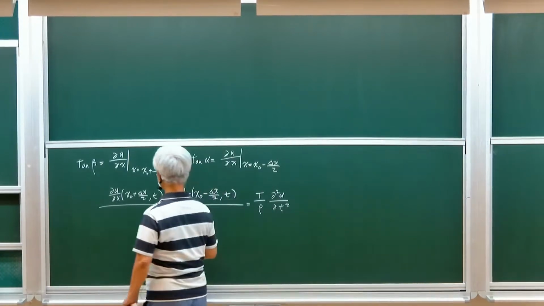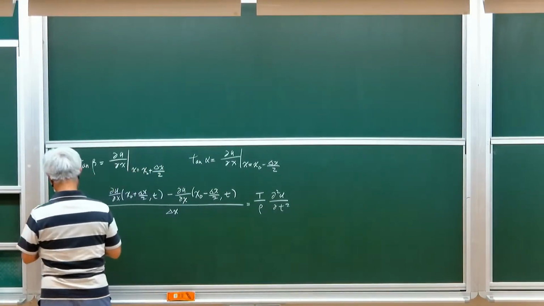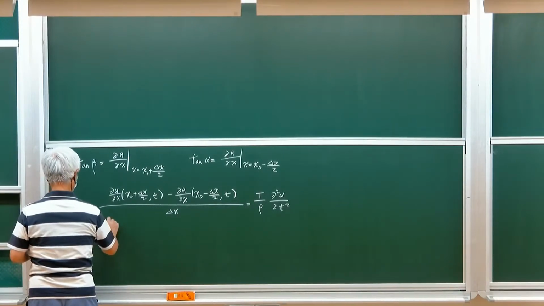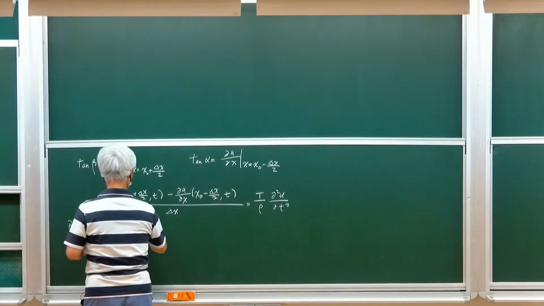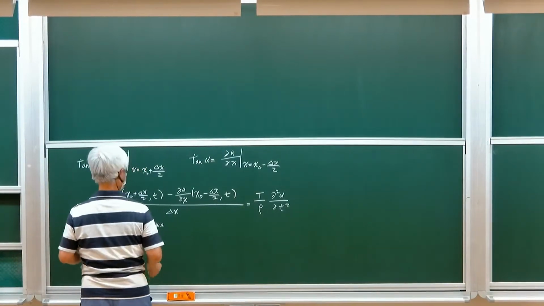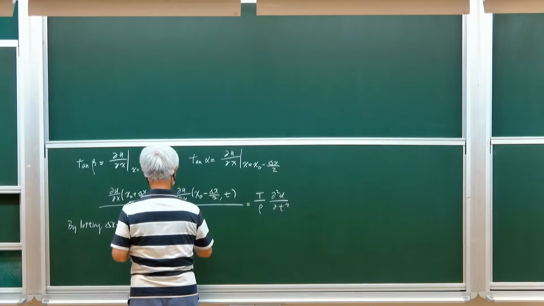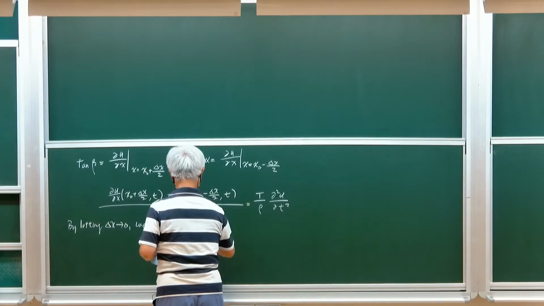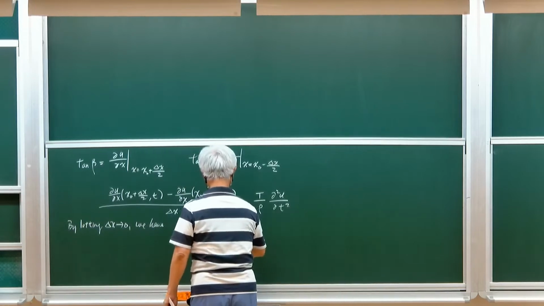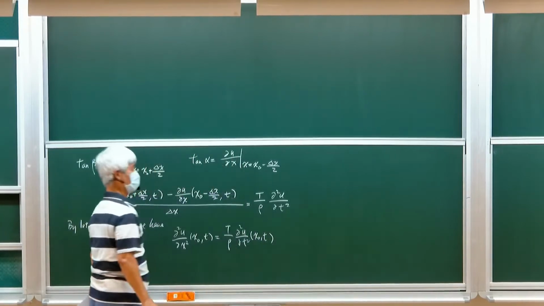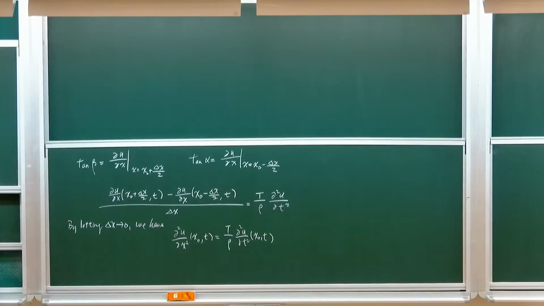And by letting delta x go to 0, we have equal to T. Right. So this is the wave equation.